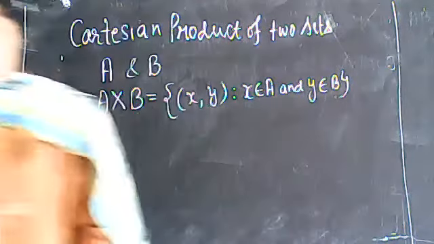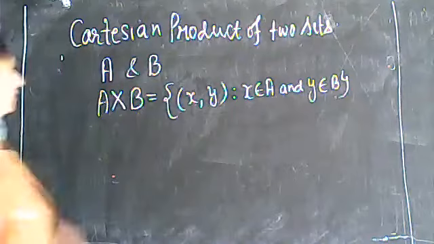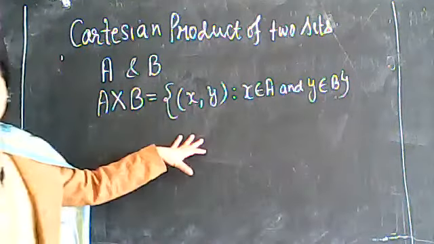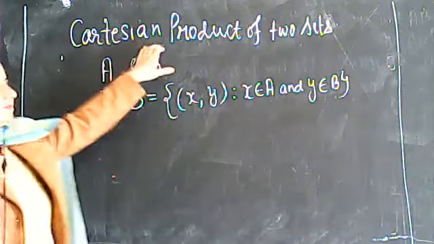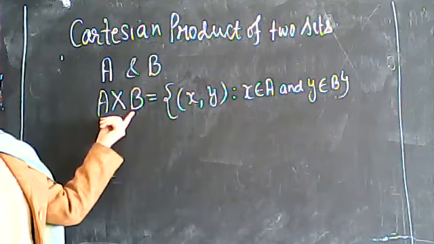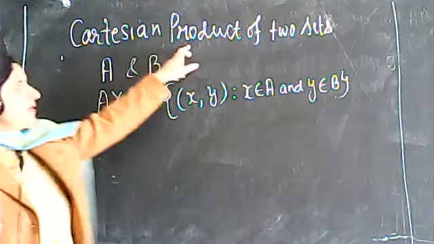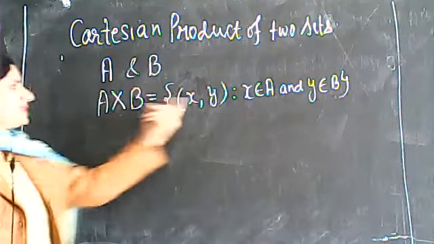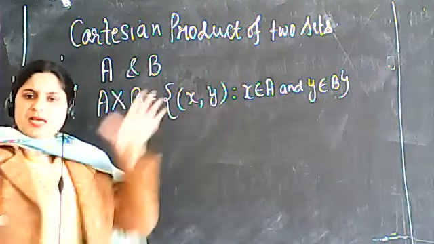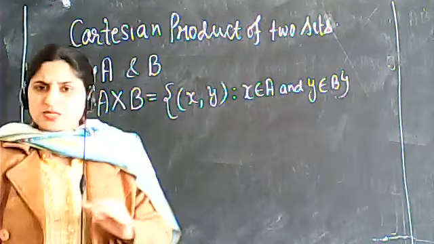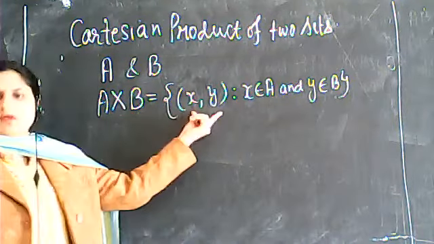Ma'am, please repeat. Okay, I am going to repeat this definition again, beta. Cartesian product means the cross product of two sets. It is denoted as A cross B. Now, how can we define the term Cartesian product? It is basically the collection of ordered pairs. In the Cartesian product of sets, we have the collection of only ordered pairs.